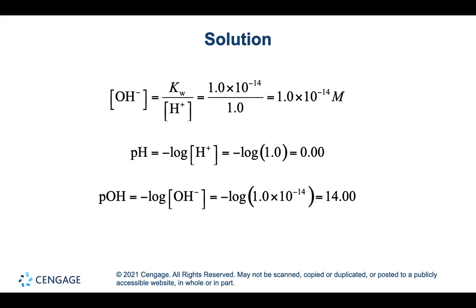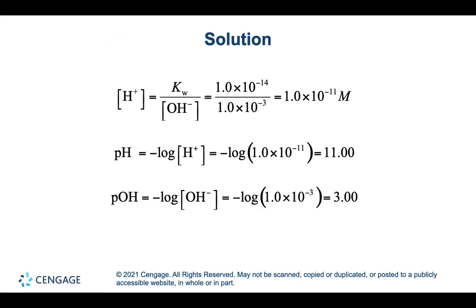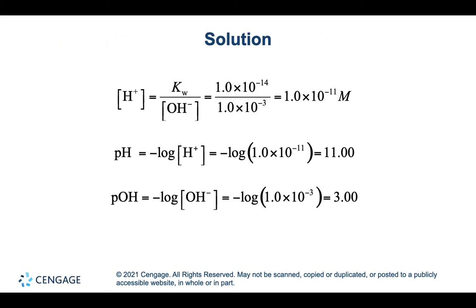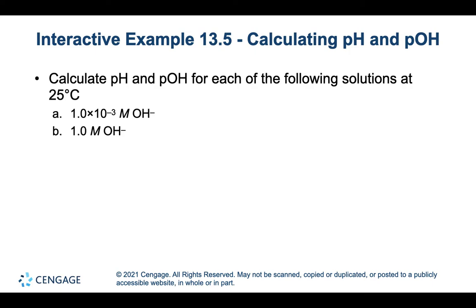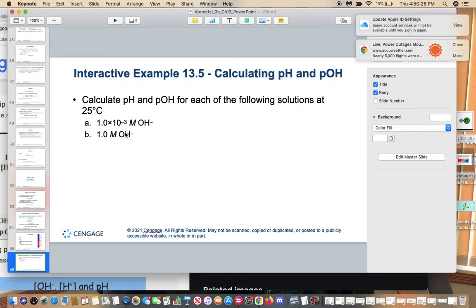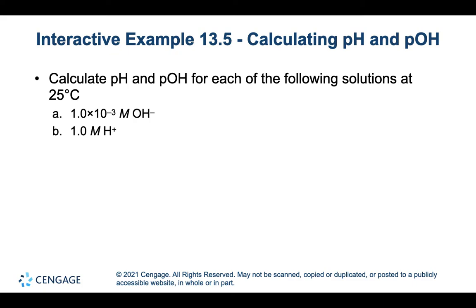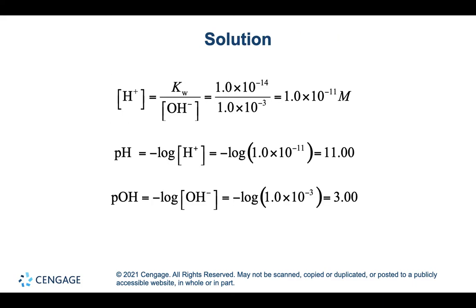Now, the second one was, I think this is a misprint here. Let me real quickly fix this. Let's make this 1 molar H plus, looks like. Okay, so my second problem is 1 mole per liter of H plus, I believe.